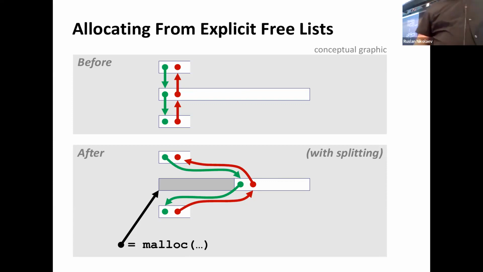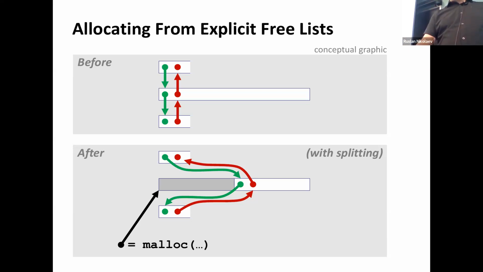Okay, so let's see how we allocate from an explicit free list. Initially, let's assume we have a list of free blocks. Now we found this free block in the middle that satisfies our request, that is at the very least of the size we are looking for. The preceding block perhaps was not of the same size, but this one is.